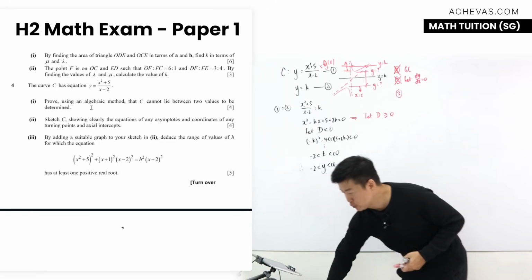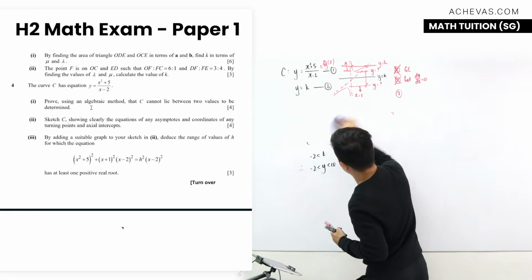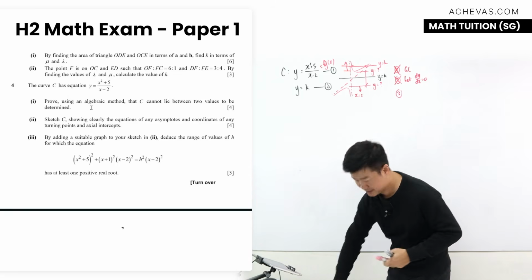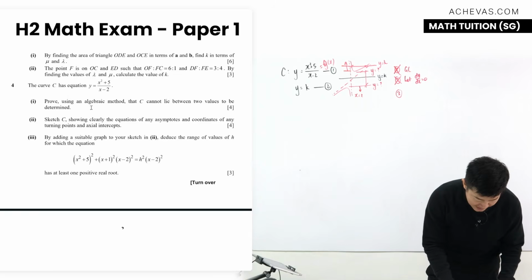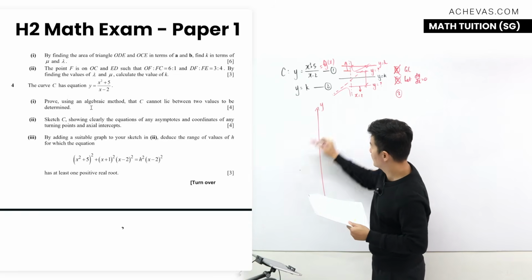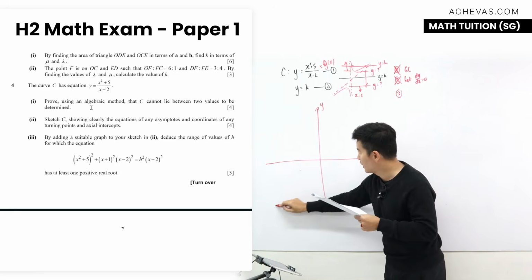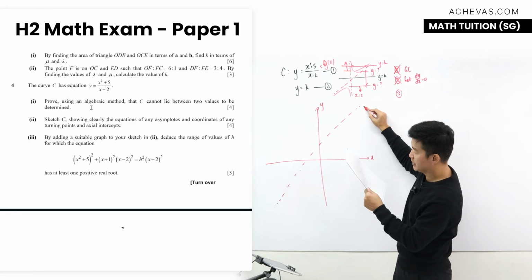Then part 2, we are going to try to sketch the curve C, and it is already almost sketched here, okay? But we will need this curve for the second part. So let me just do a quick sketch of this curve. So y-axis, x-axis. If you do a long division, you are going to get an oblique asymptote. The oblique asymptote is y is equal to x plus 2.